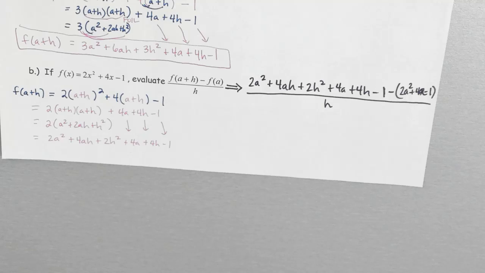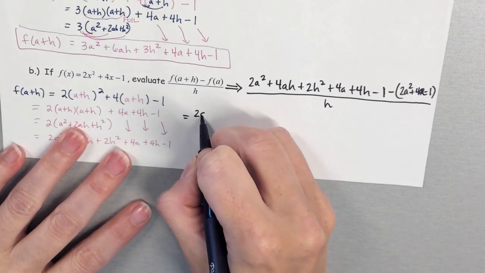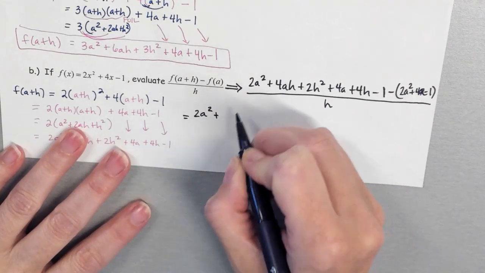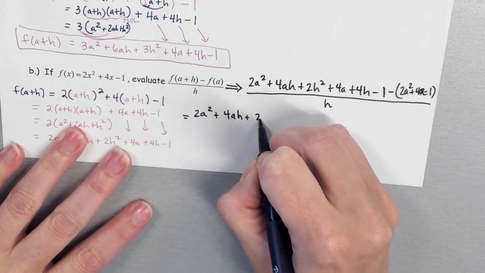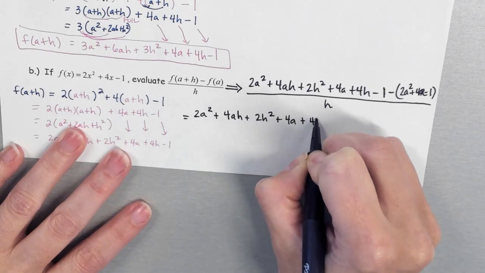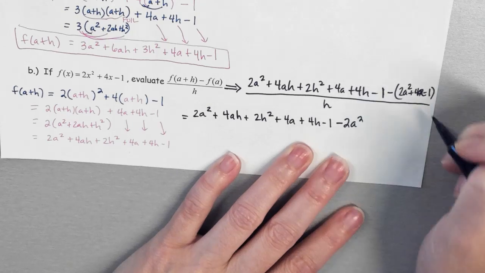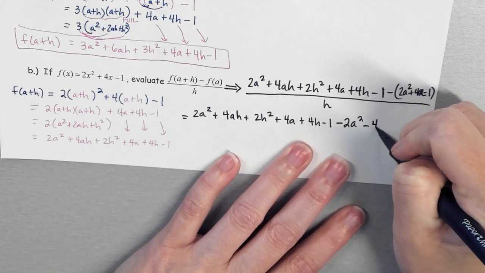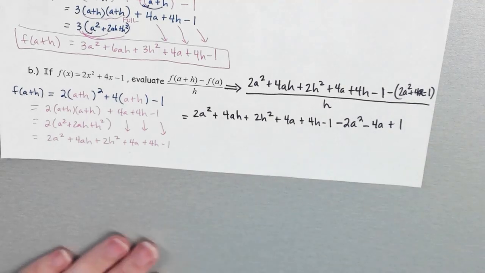And then we are going to end up combining like terms here. When you're doing this on your own, if you can remember to do the distribution, it would be minus 2a squared minus 4a, and then minus a negative is going to end up being plus 1.